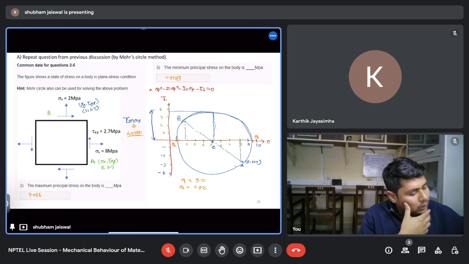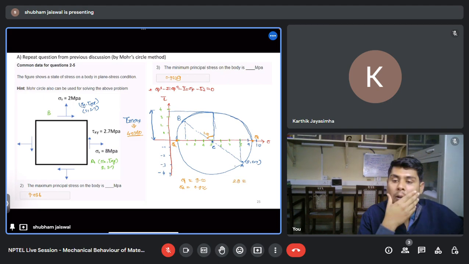Similarly, if you find the orientation with the plane, let's say this is 2 theta. So this 2 theta comes out to be 41 point something. So theta comes out to be 20 point something.